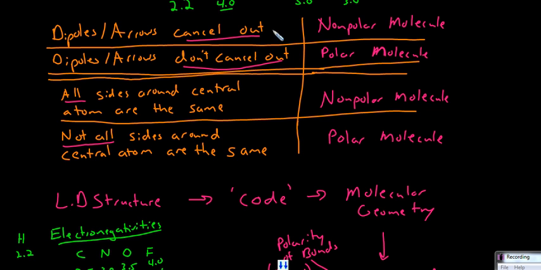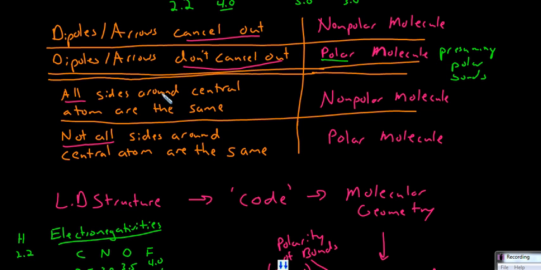If they cancel out, then you'll have no ends which will be relatively positive versus other ends which are relatively negative. Hence, the molecule will be nonpolar. Or if the arrows don't cancel out, if they add up to other arrows, then you get a polar molecule, presuming that you had polar bonds.